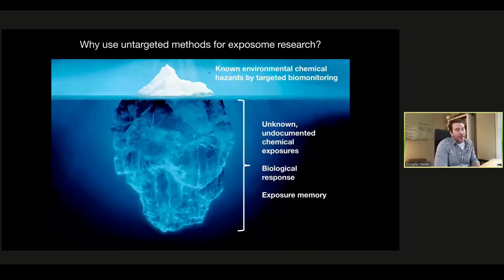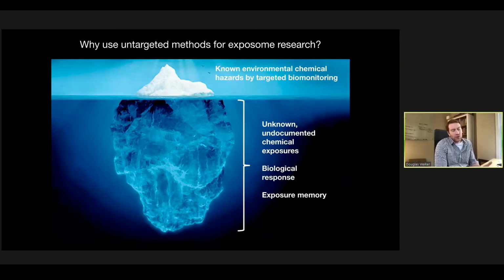An application of these methods through exposome research has really shown the power of using them. We've been able to greatly expand our detection and measurement of unknown and undocumented chemical exposures. We've identified new pathways of biological response that we can link to those exposures. And then we've also started developing approaches that allow us to characterize exposure memory.